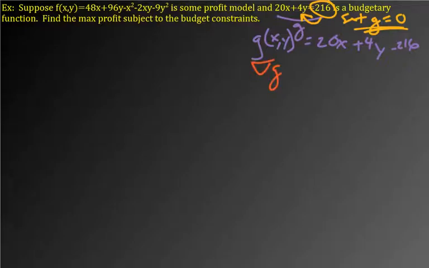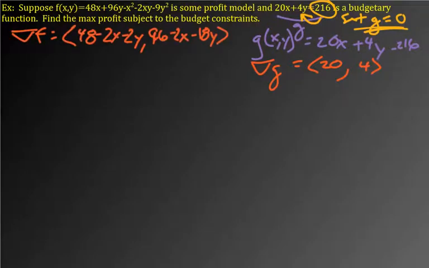In this case, the gradient of G is just going to be 20 and then 4. And I'll need a gradient of f, and the gradient of f here is that. What we're basically doing in these problems is setting the gradient of f equal to lambda times the gradient of g, and from that we're going to get 3 equations.